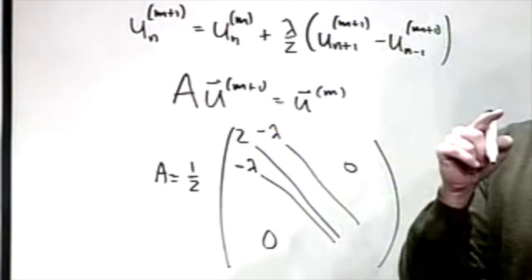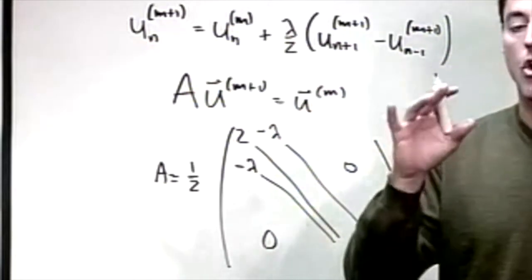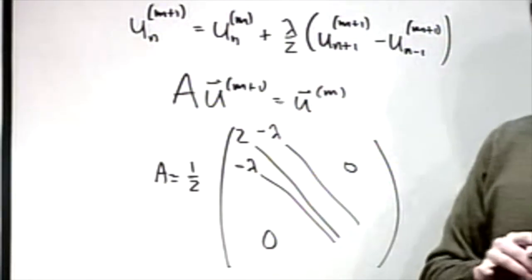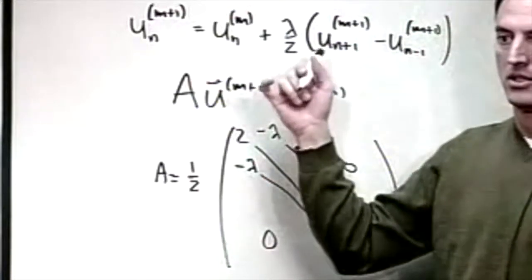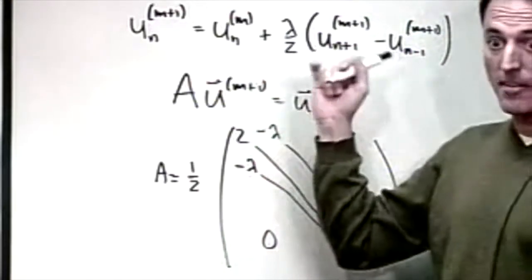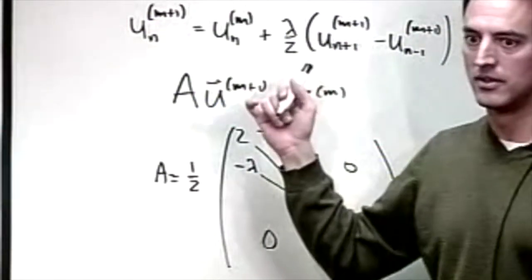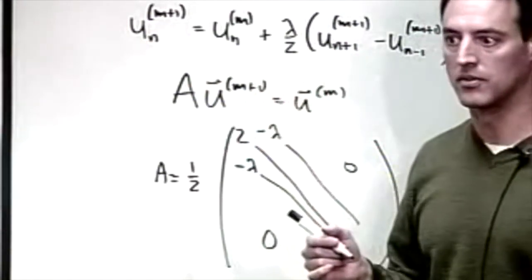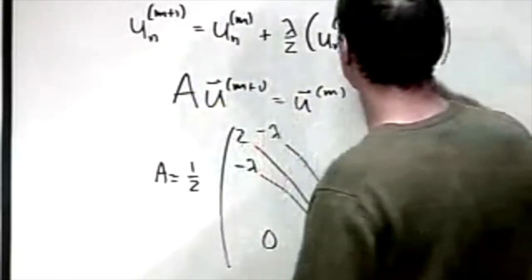Now, why would that be advantageous in any way? The only thing that's advantageous about this, the only way this can make it into a non-laughable scheme, is if somehow the stability properties are so great that it's worth solving this every single time. In particular, this method is called an implicit scheme.